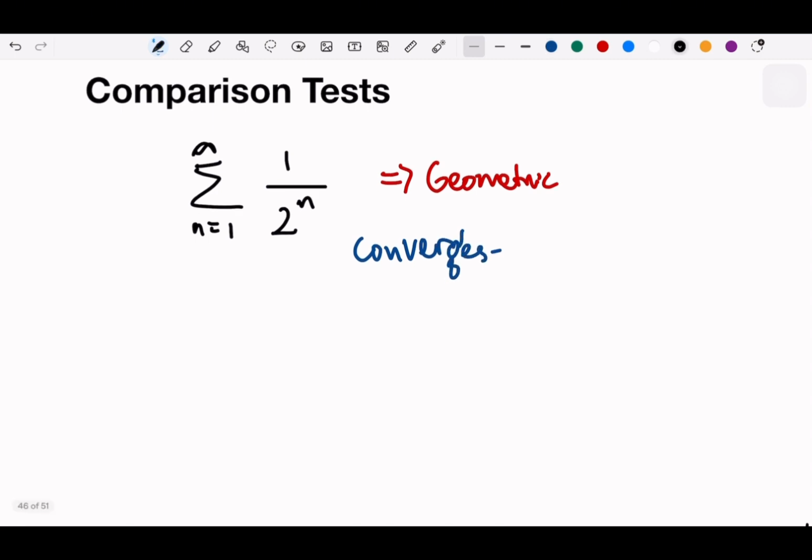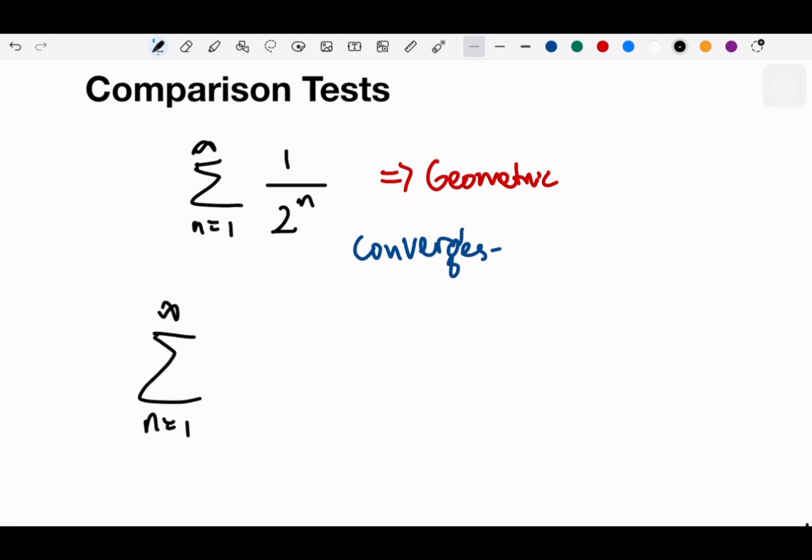And then, let's take the other series, something like this. This is something that perhaps you see in practice, in exercises or in exams. It is kind of similar to this one.